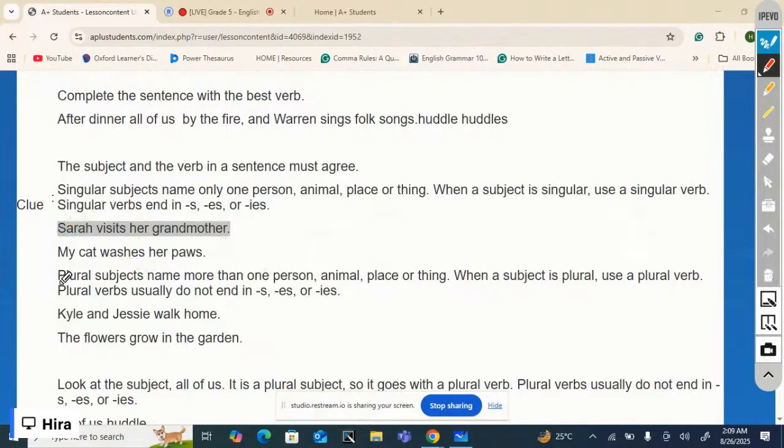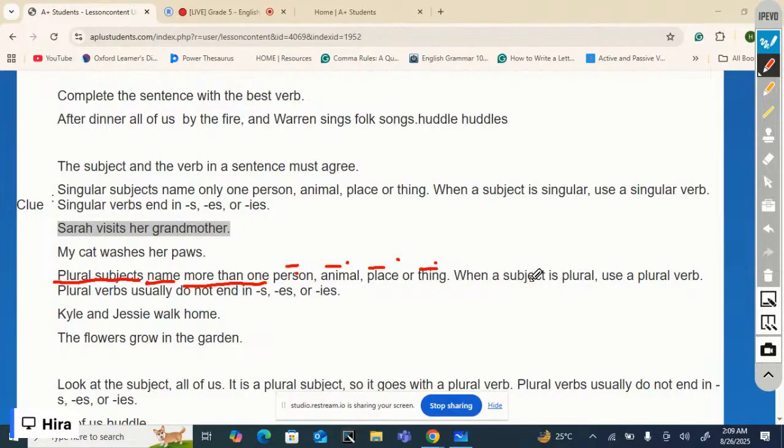Now comes the part where the subject can be plural, because sometimes the subject can be the name of more than one person, more than one animal, more than one place, or more than one thing. So, plural subjects name more than one person, animal, place, or thing.